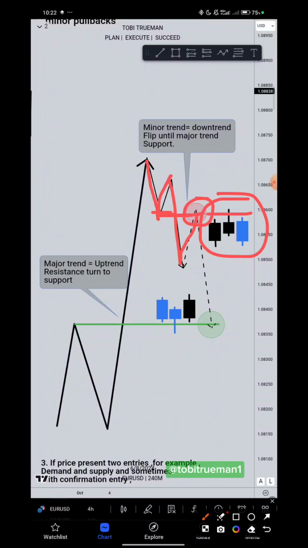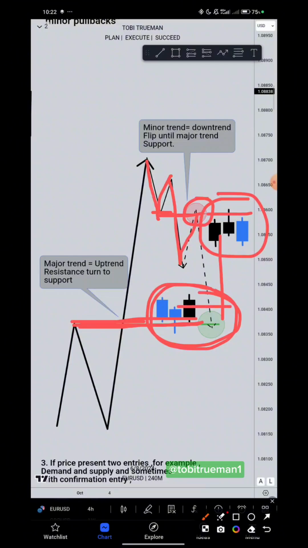When we enter this trade, we are going to sell until we come to this major trend point from the left-hand side. Probably when price gets to this major trend flip, resistance to support to resistance flip, and gives us a signal here, we now buy here with the trend.